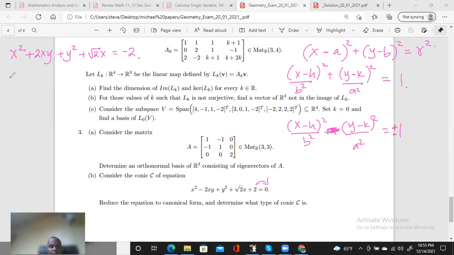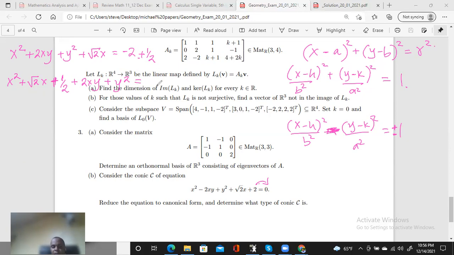I could try to have x squared, bring this guy in, square root of 2 x. For me to complete the square, I would have to divide this by 2 and square. It's going to be a half. So I add a half to that side, and I add a half to the other side. And then I have plus 2xy plus y squared equals a half minus 2.